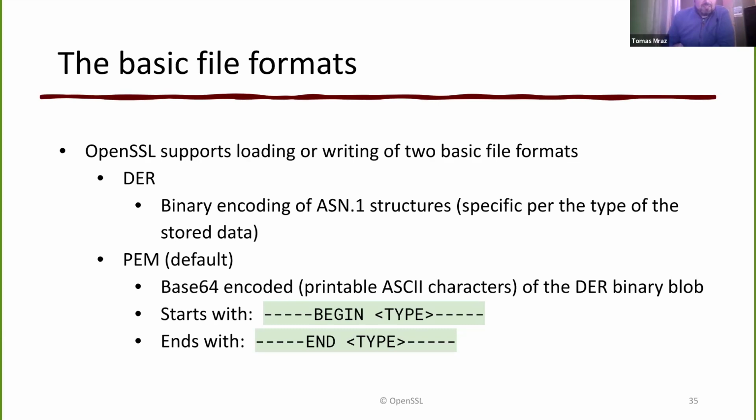PEM, what we see here, is the default format, and they are base64 encodings of the DER binary blobs. They start with BEGIN type and end with END type. So it's possible to look at them and see what type of data the PEM holds.